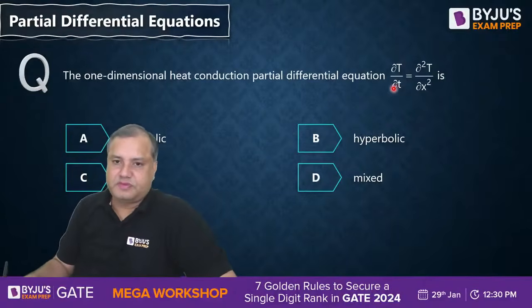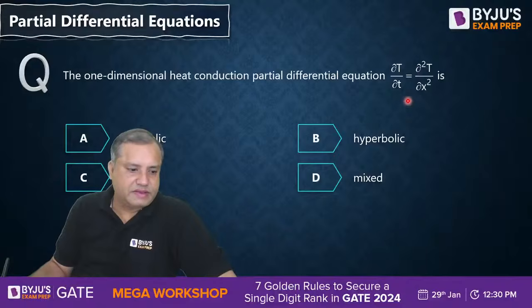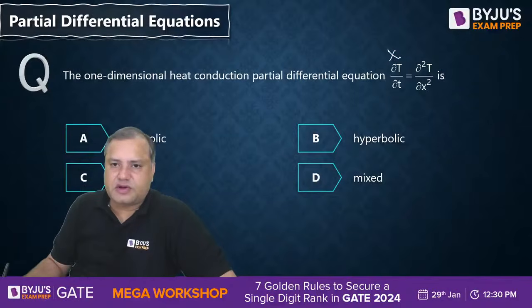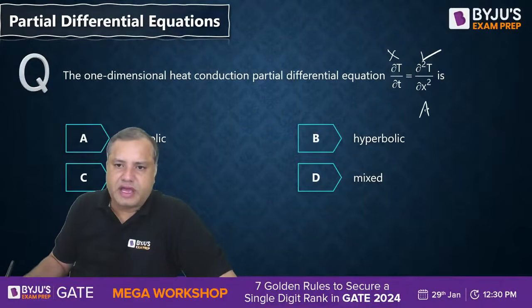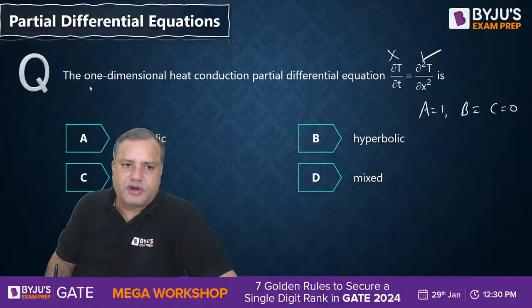See here. This is one dimensional heat equation. This is not second order derivative. This is second order derivative. So here A is 1. Same question. B and C both are 0. This is the format for one dimensional heat equation.